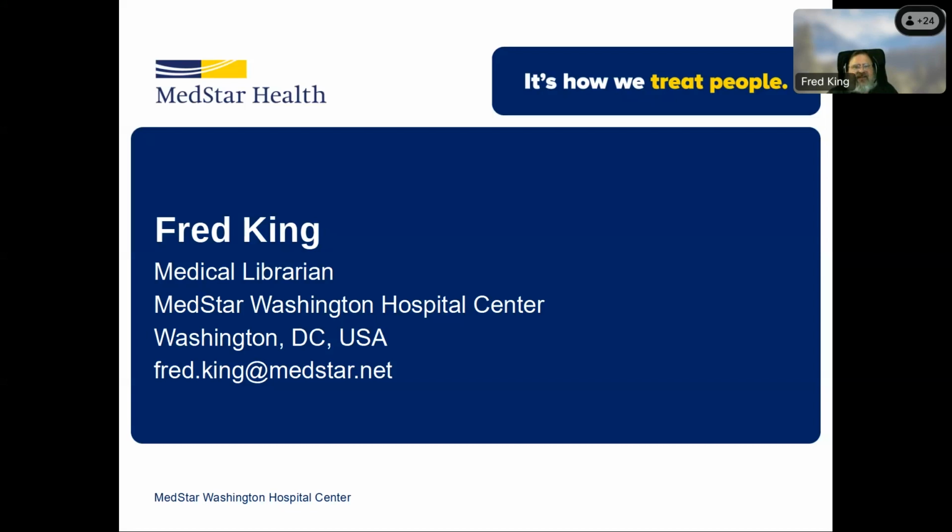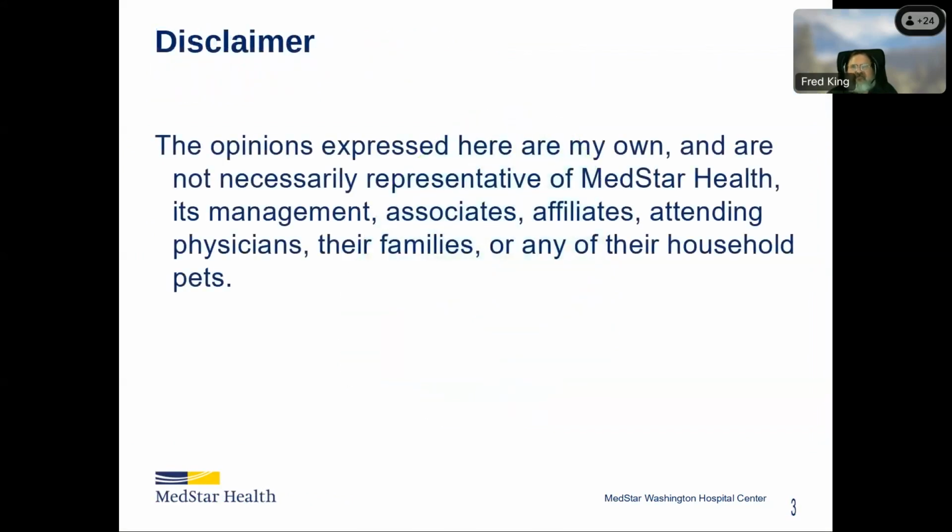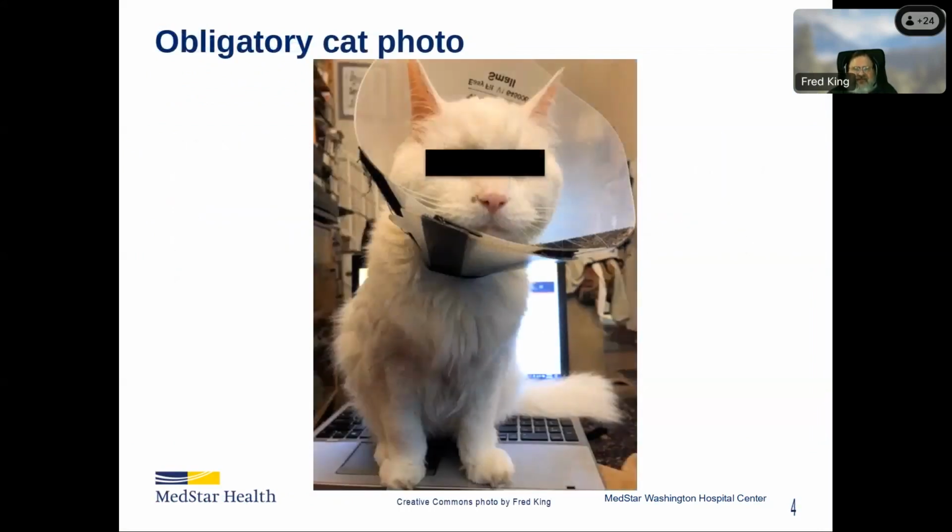But never mind. Okay. This is Modifying Koha to use as a journal citation catalog. Obviously, I'm speaking for myself and nobody else. Here's the obligatory cat photo. Every presentation by a librarian has to have a cat. What is wrong with the rest of you?